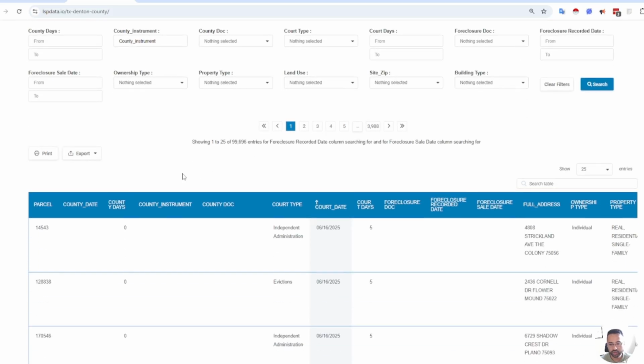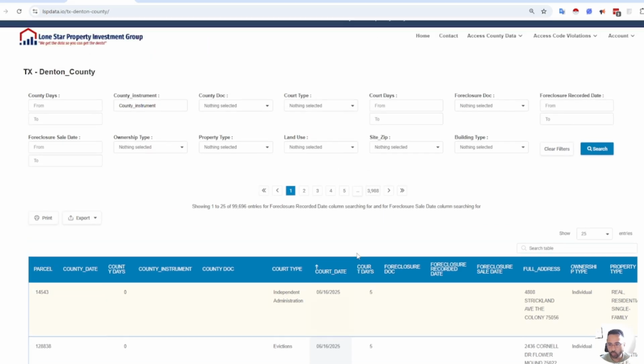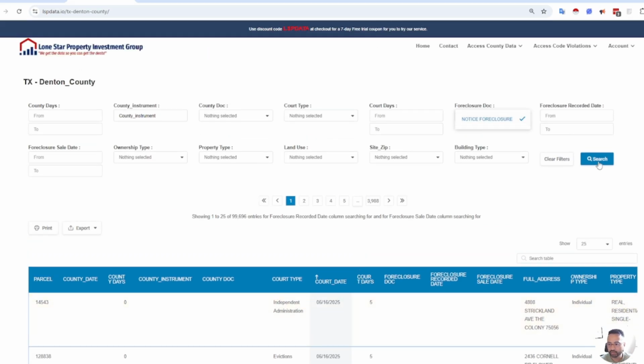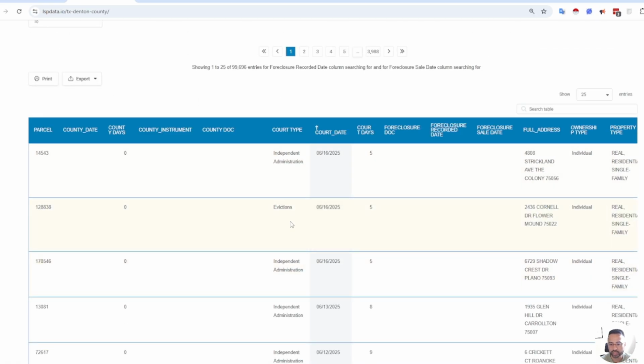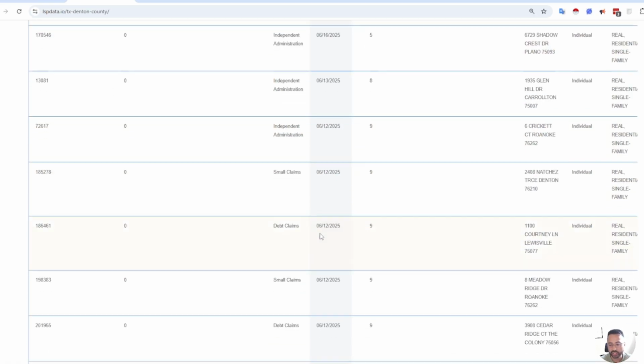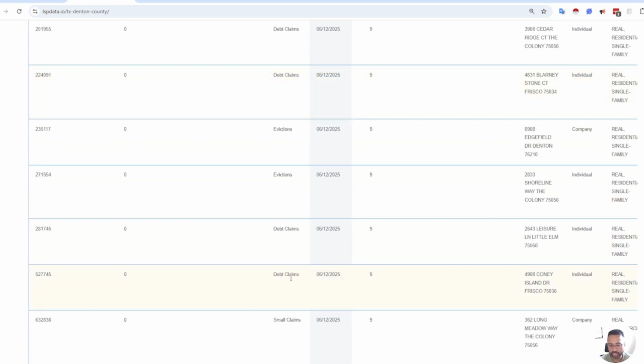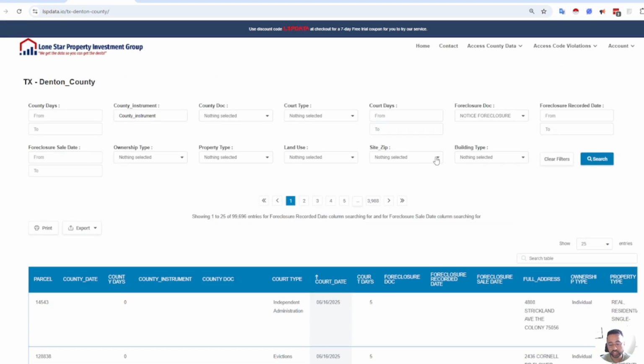And the beauty of this is similar to the record that you saw earlier that was published, we can give you an idea of what other events took place before that particular foreclosure deal took place. Maybe there were evictions before that, or debt claims, or like I mentioned earlier, maybe there was a substitute of trustee, which do happen beforehand.